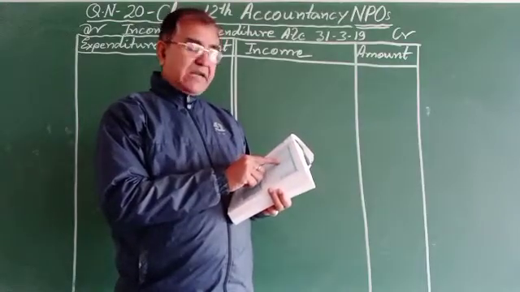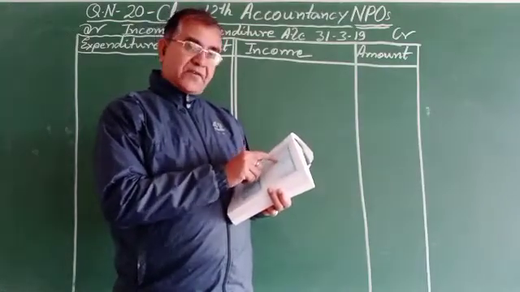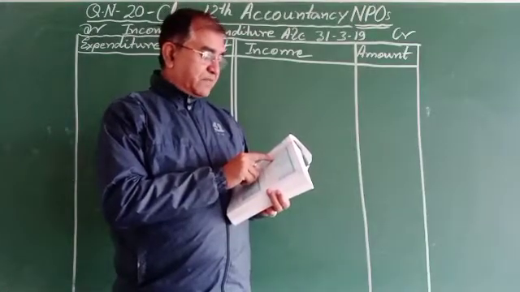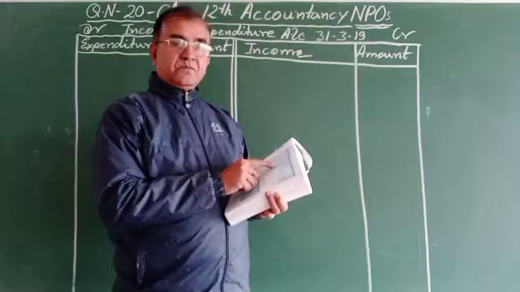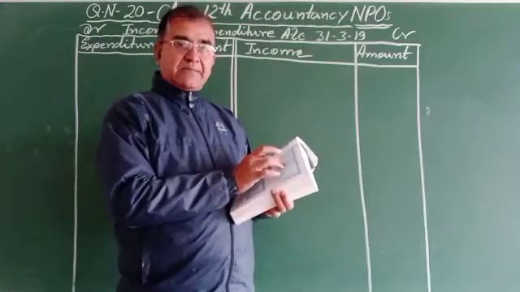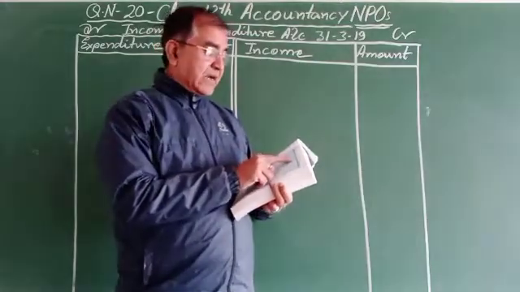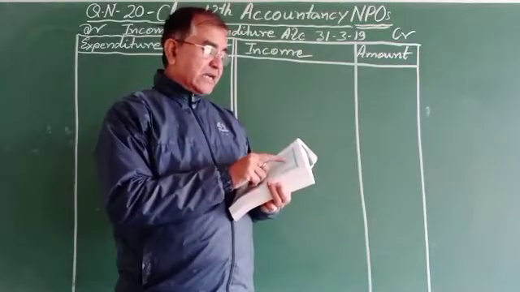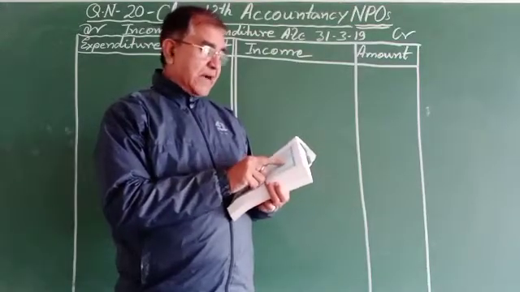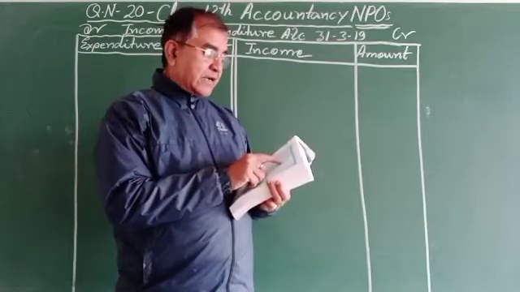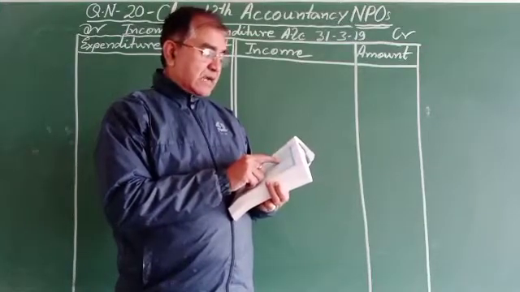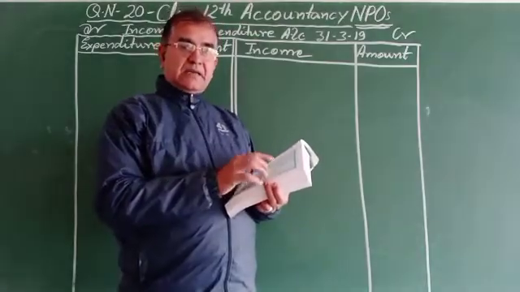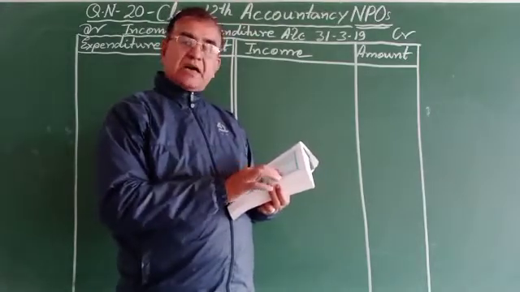Bank interest given, sale of furniture, life membership fee. These are the items in the receipt column. In the payment column: by salaries, by rent, by stationery, by postage, by bicycle, by government bonds and by balance c/d, means at the end of the year the cash is available in the organization.